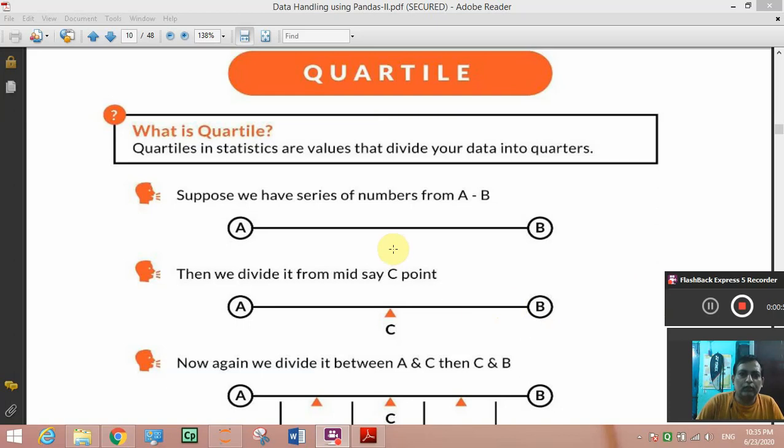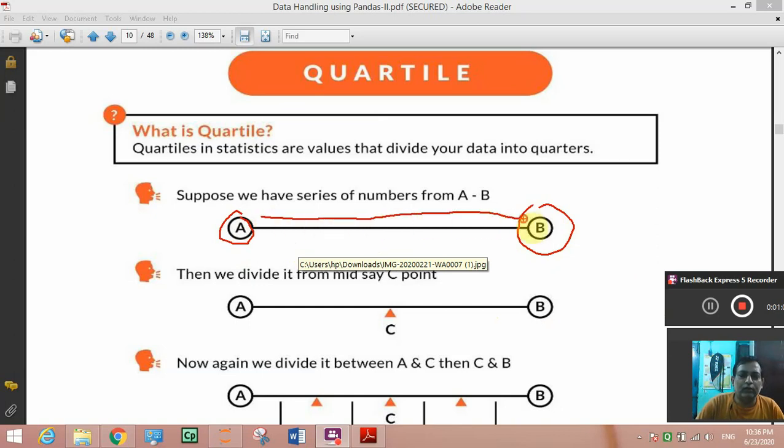So here we can see one example: any series of data which starts from A and goes up to B, and all the data in this range will be distributed on a scale of 100.